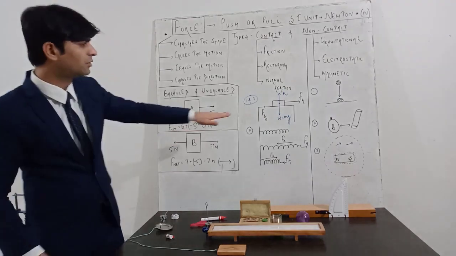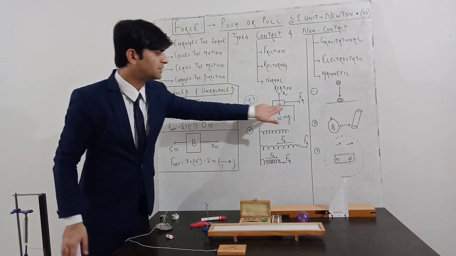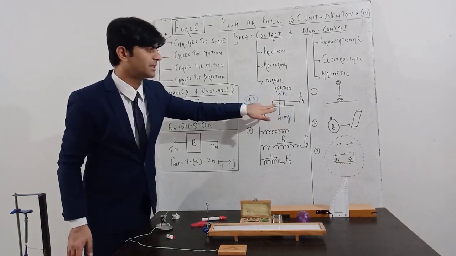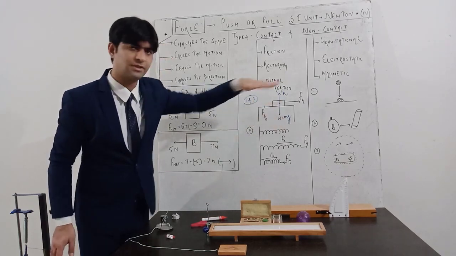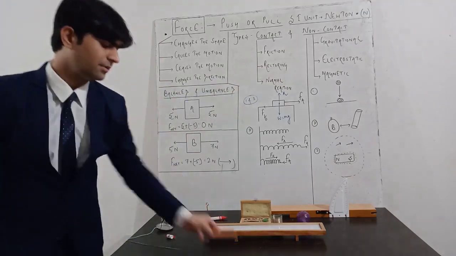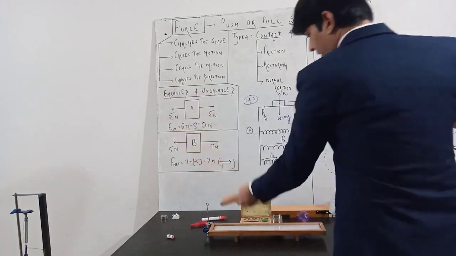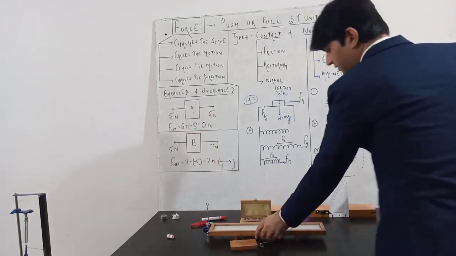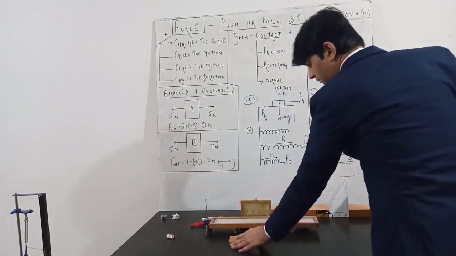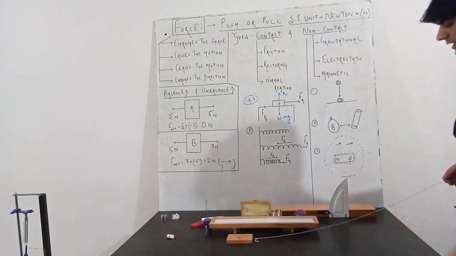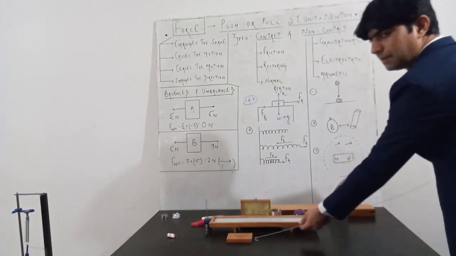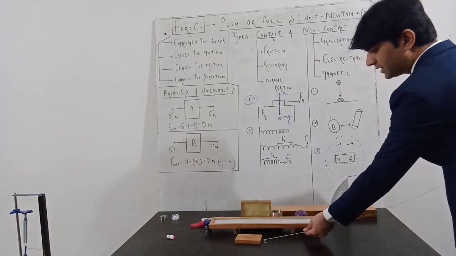If you see here, I have drawn this diagram. If this is a table and this block is kept over here, suppose I apply the force in this direction, I am pulling this block to this side.